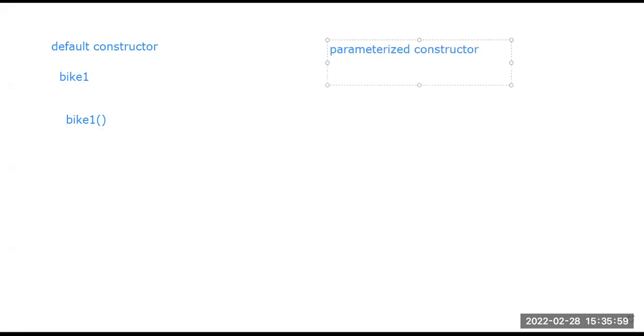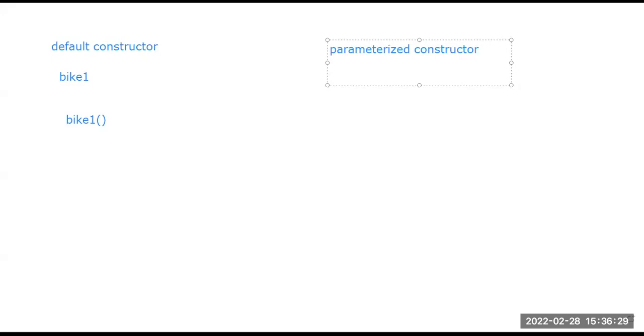In the default constructor, we didn't mention any parameter. But in the parameterized constructor, a specific number of parameters is mentioned, and that is why it is known as the parameterized constructor.